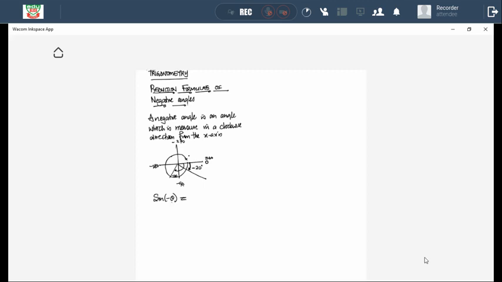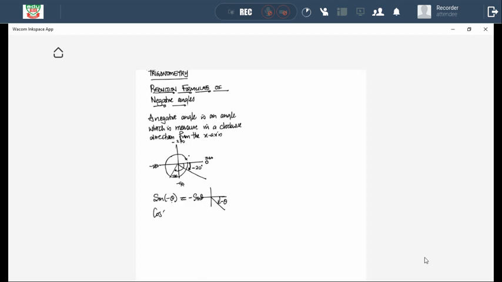If I measure theta degrees in a clockwise direction on my CAST diagram, because it is negative, I'll end up in the fourth quadrant. Where am I measuring it from? From the x-axis. Sine in the fourth quadrant is negative. But this is deduced from the x-axis, so this will be negative sine theta.